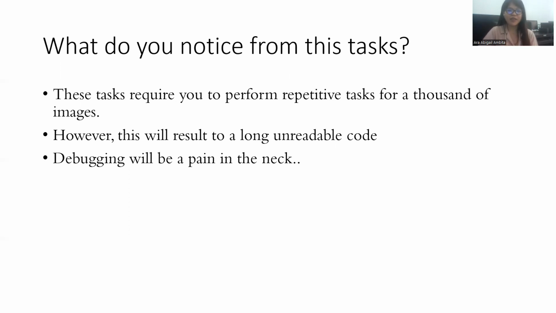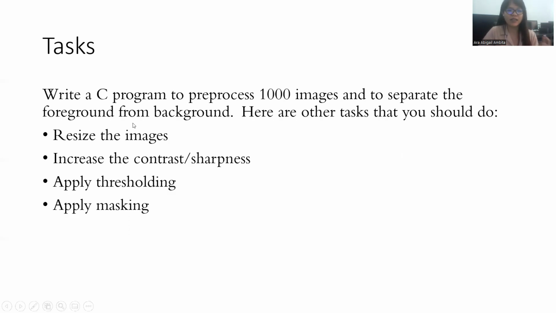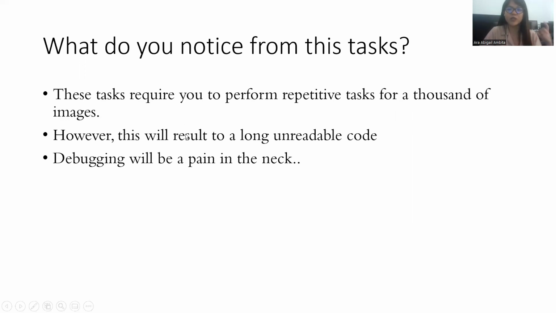However, this will result in a long, unreadable code. Let's say you have the tasks resize, increase contrast, apply thresholding, and apply masking. Each of these tasks is in itself complex. For example, just resizing the images could result in 3 lines of code.